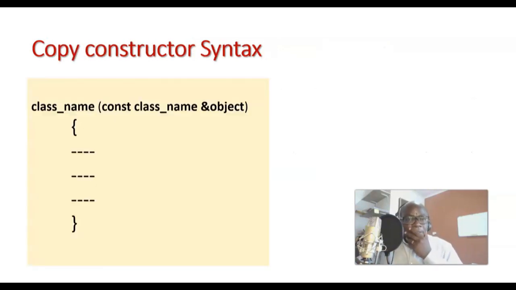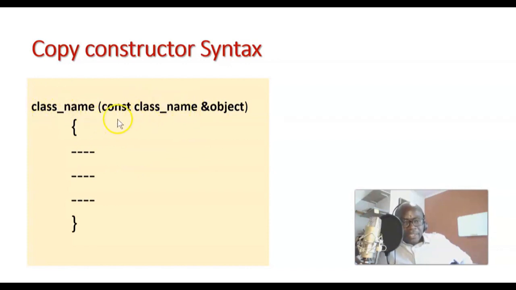All right, now let us look at the syntax, or we can say the structure of a copy constructor. Now, this is how you write it. You're going to write the class name, and then inside these parentheses you're going to write this word const, and then you will repeat this class name.